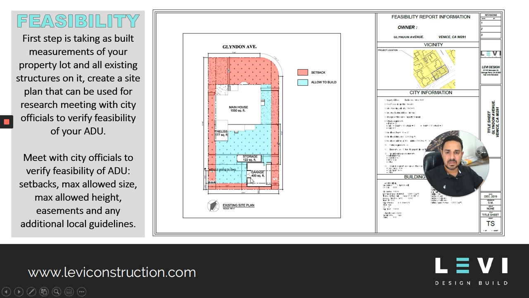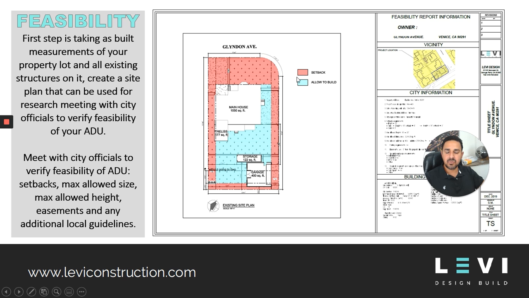Once you have that done, then your professional is going to meet with the city to gather additional information in terms of setbacks, maximum allowed size, heights, if there's any easements and any additional guidelines. It's very important that this information is going to be reflected on the feasibility study that you're doing. In this case, it's over here, and I'll review it in a second.